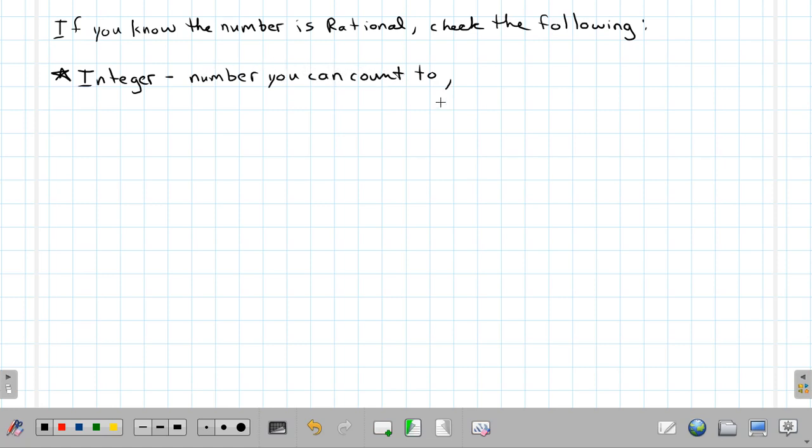So an integer is a number you can count to, the number 0, or the negatives of those numbers. What I mean by that, okay, is numbers you can count to.